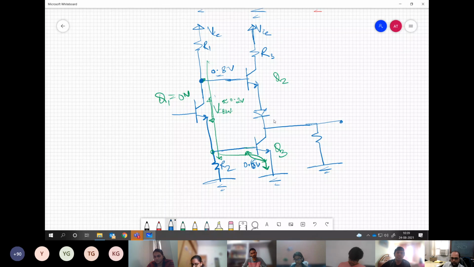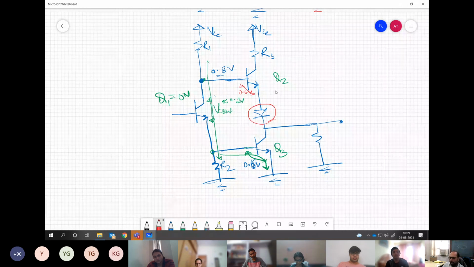Yes, if this diode had not been there, any voltage greater than this junction threshold 0.6 could have been able to drive this transistor into on mode or at least linear mode.